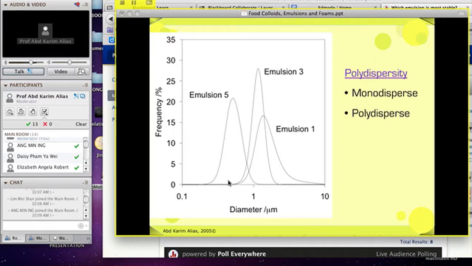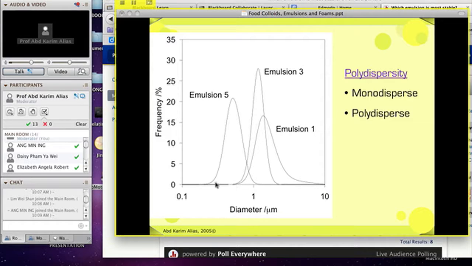But one point that I want to stress here: the size distribution that we see on the screen is usually something you can observe only for a freshly prepared emulsion. Okay, this is the ideal kind of droplet size distribution that you want to see in the emulsion.